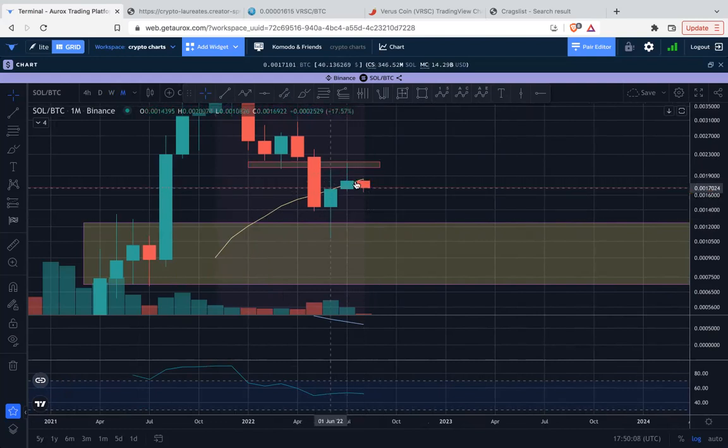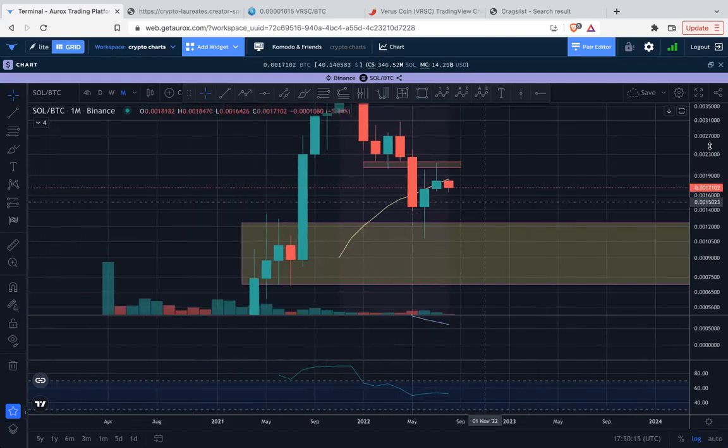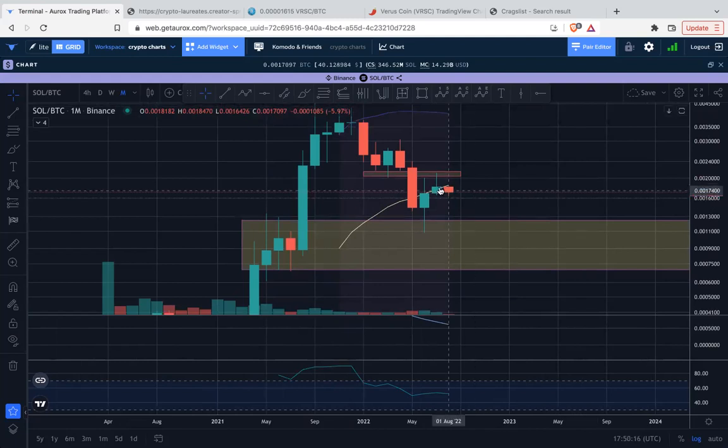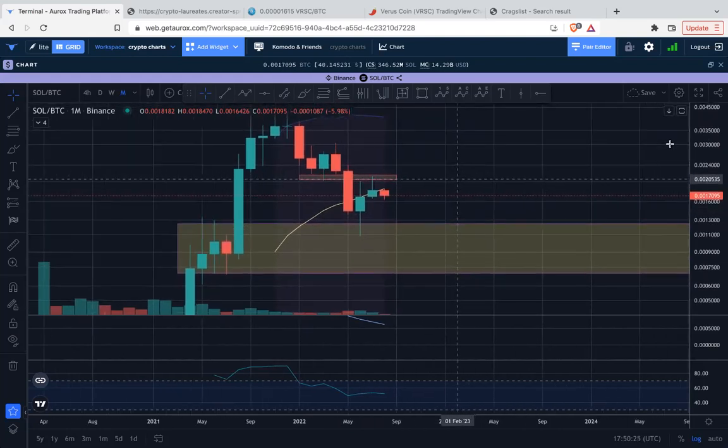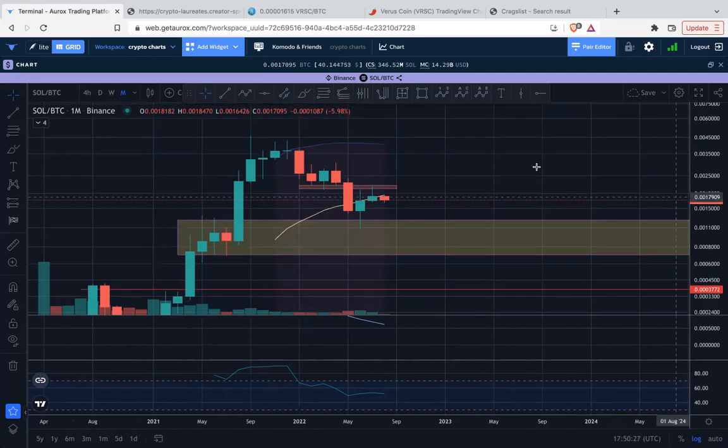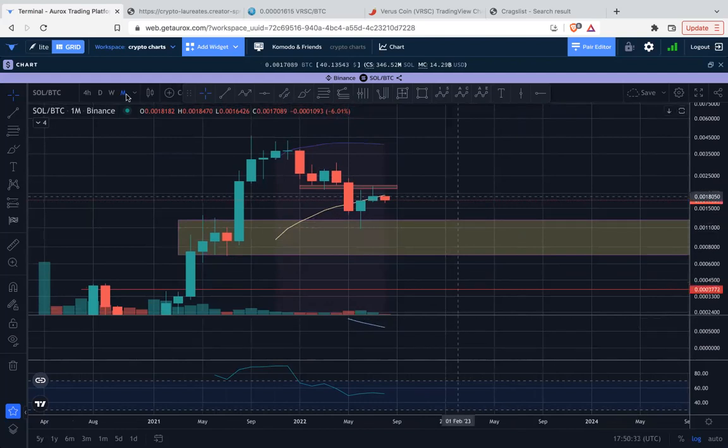And now as the 20-month moving average continues higher, the price going sideways is now below the 20-month moving average. So I get the sense that we're basically getting rejected at this 20-month moving average. And so over time, I do see the price coming back down to this zone here somewhere. Just seems to make sense. And that's Solana over time. Okay, that's the monthly price chart.